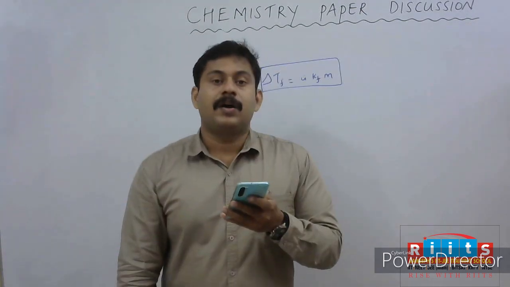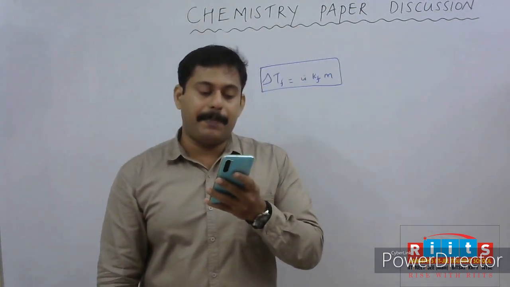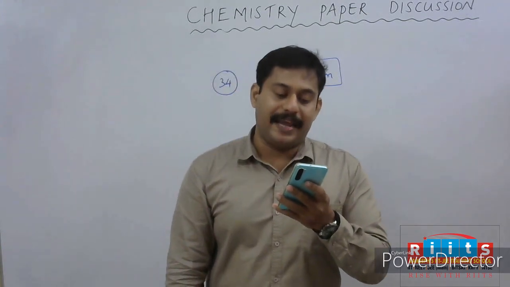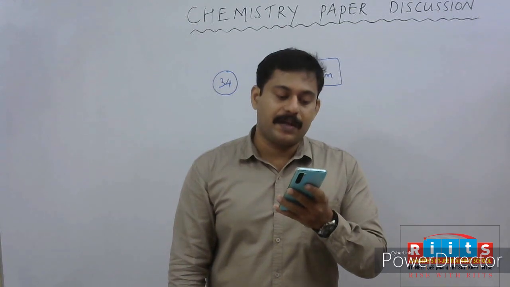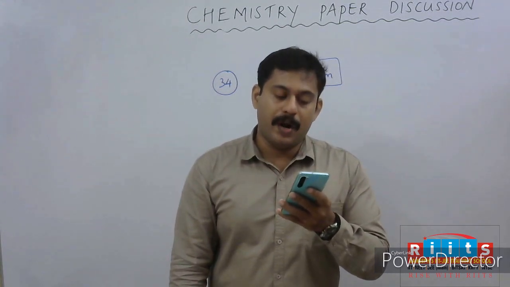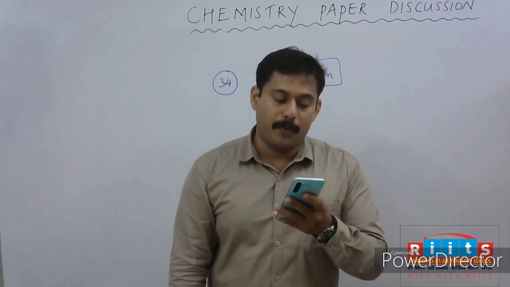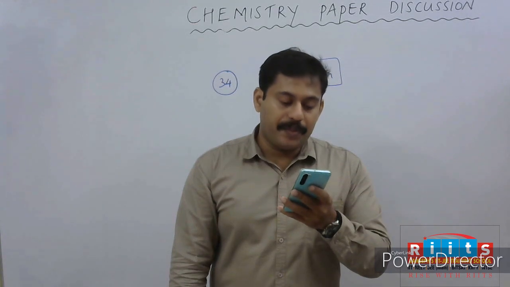Okay, let's discuss question number 34. A complex is prepared by mixing CoCl3 and NH3. A 0.1 molar solution of this complex freezes at minus 0.372 degrees Celsius. The molar depression constant of water is 1.86 Kelvin per mole. They are asking for the formula of the complex.